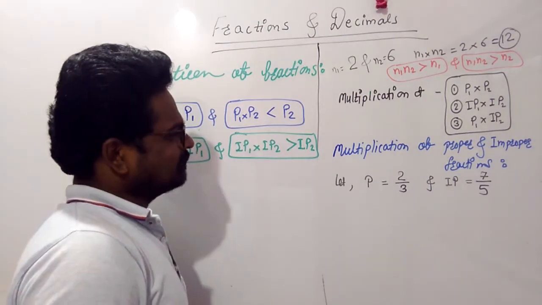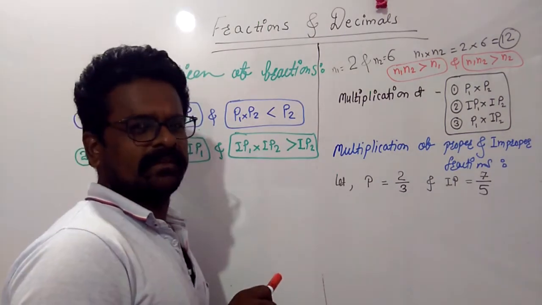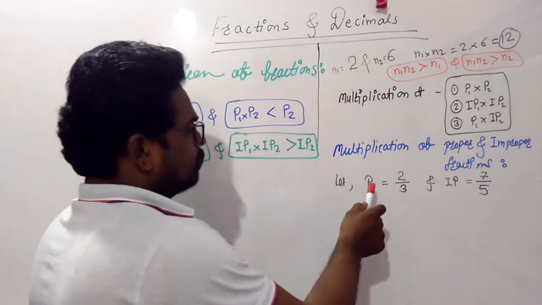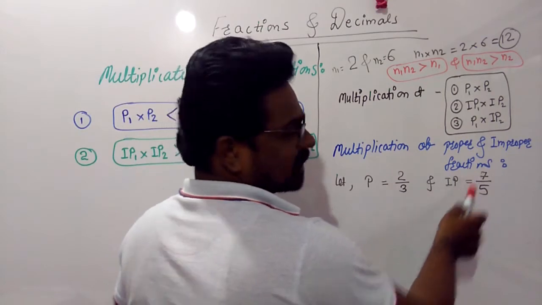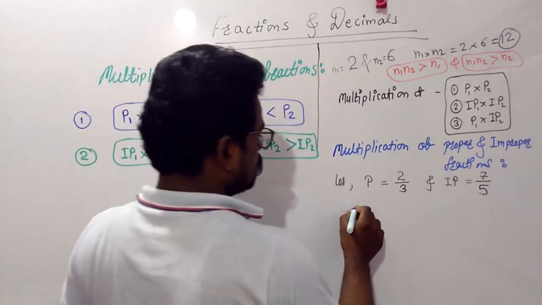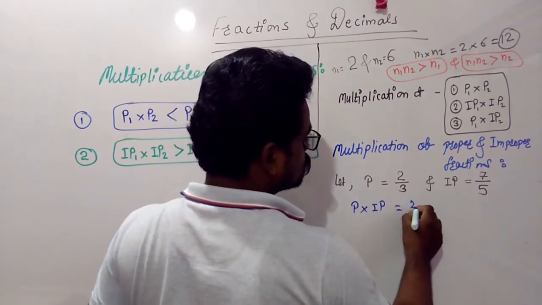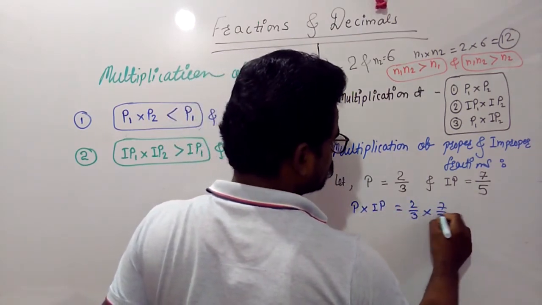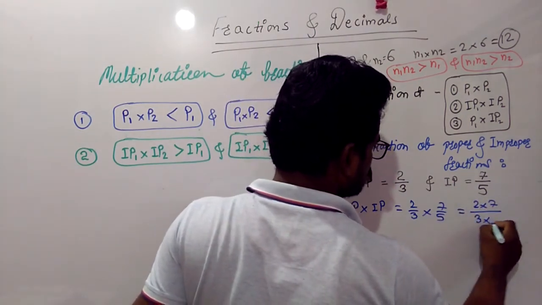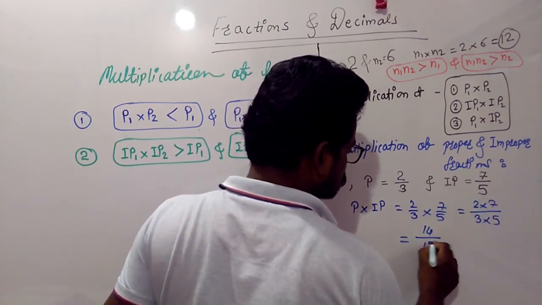Now to make the calculation somewhat easier, okay, let it be. It's not difficult. Proper fraction is 2 by 3 and improper fraction is 7 by 5. Now we are going to establish the relationship between them. Proper into improper is equal to 2 by 3 into 7 by 5, which is 2 into 7 divided by 3 into 5, which is 7 2s are 14 divided by 3 5s are 15.